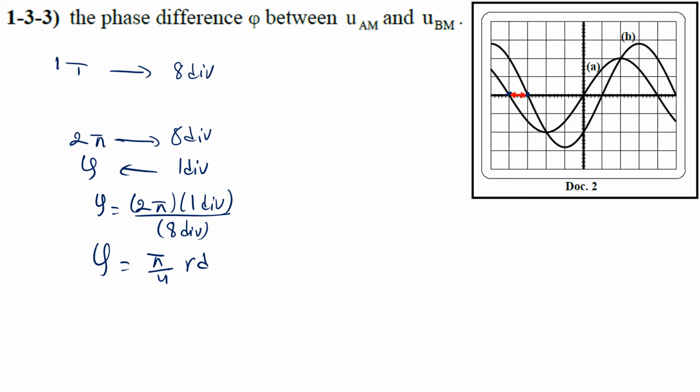We can directly, by the way, calculate the phase difference. I will use another color to write the formula. We can say that phi, the phase difference, is equal to 2 pi multiplied by the number of divisions over the number of divisions per period.